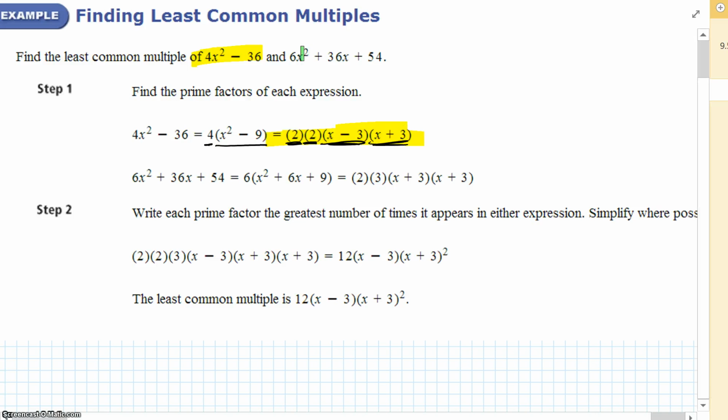Okay, now we're going to take the second term, 6x squared plus 36x plus 54. Well, we can factor out a 6 and we get x squared plus 6x plus 9. Well, that's a perfect square. So we can factor the 6 to 2 times 3, and we can factor x squared plus 6x plus 9 as x plus 3 twice.